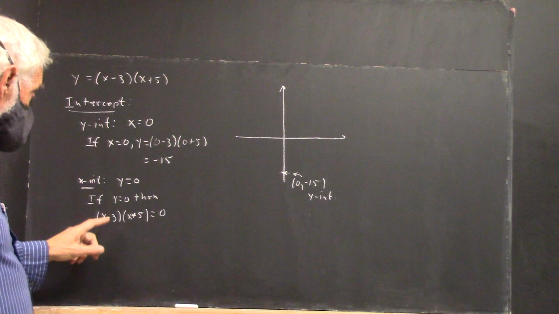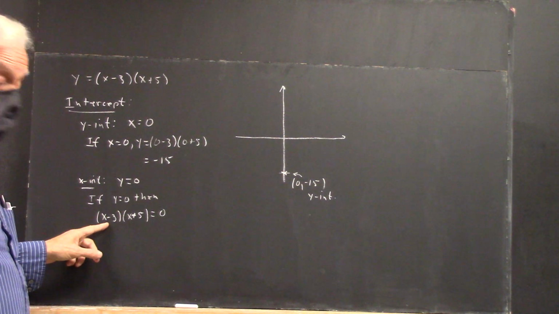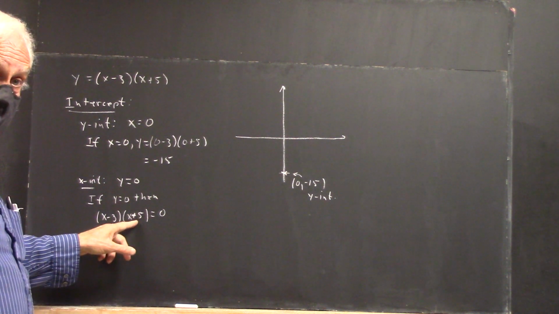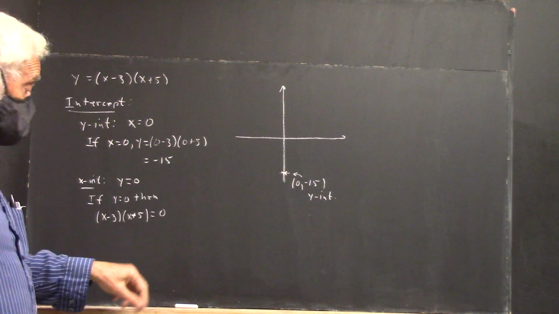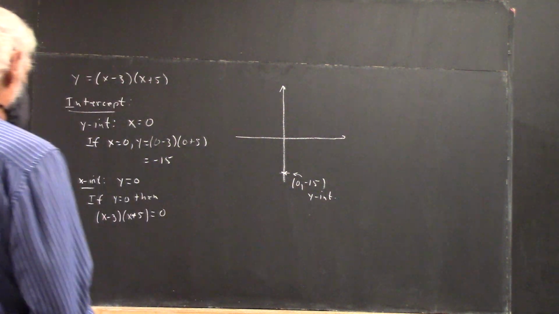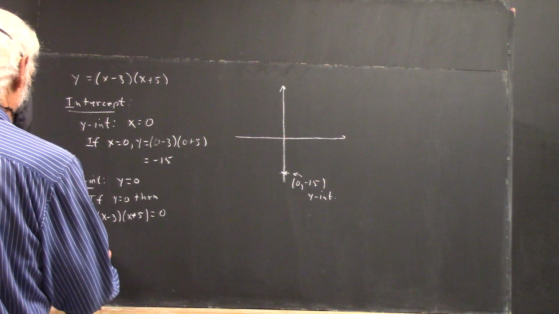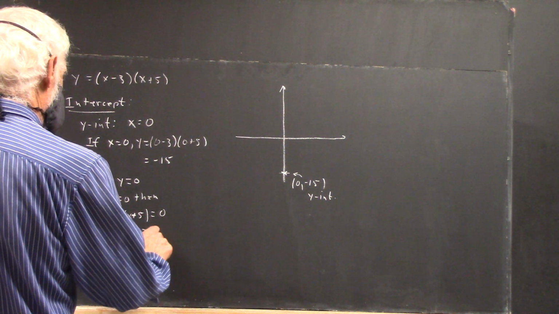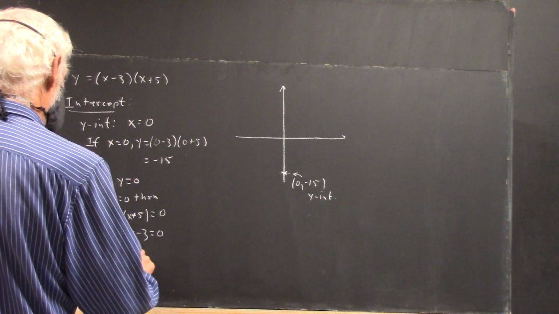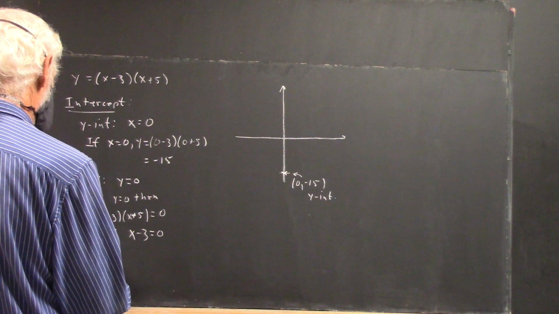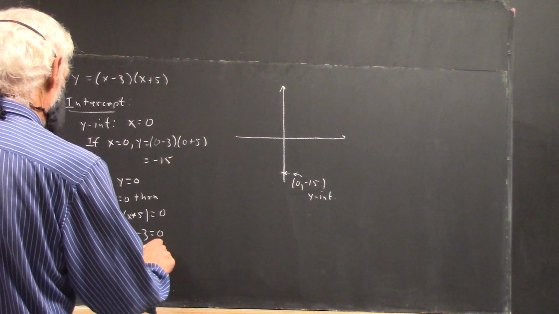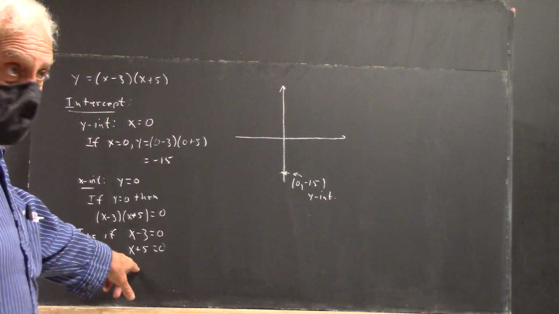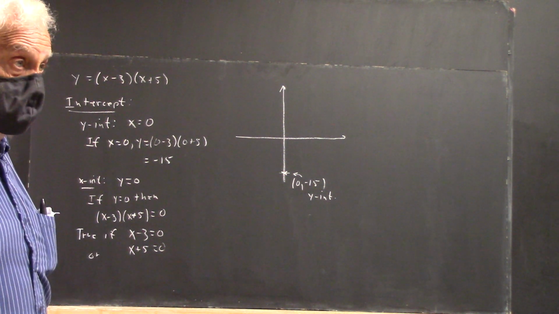So, if this number is 0, then you know the product is 0. And if this number is 0, you know the product is 0. Okay? So this is true if x minus 3 is 0, it's also true if x plus 5 is 0, right?